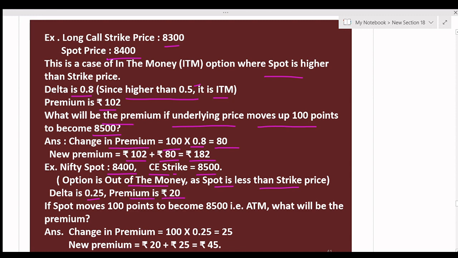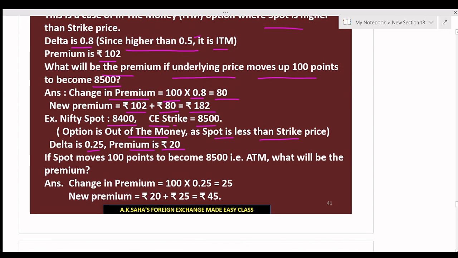If the spot moves 100 points to become 8500, that is ATM, with 8500 as strike price and the spot price 8500, what will be the premium? The change in premium will be 100 points, that is the increase, times 0.25 delta, which is equal to 25. The new premium: the current premium is rupees 20 plus 25, which is equal to rupees 45.